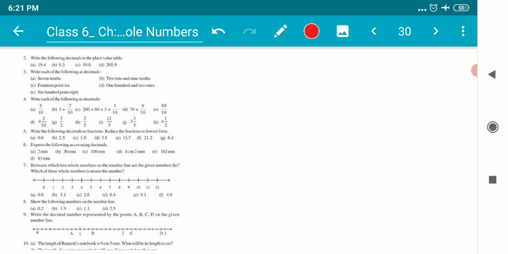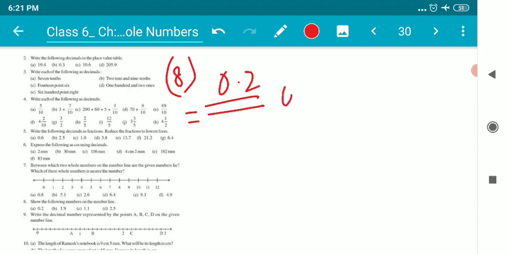Okay children, so the remaining questions are pretty similar. Let us go for a very interesting question, question number 8. Show the following numbers on the number line. Simple. 0.2. I want to express this number on the number line. Okay. 0.2 means, children, just remove the point. You are supposed to get 1 and 0.